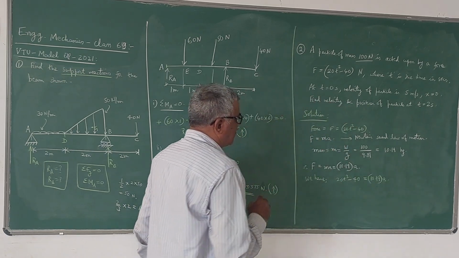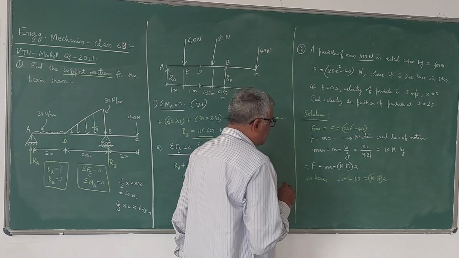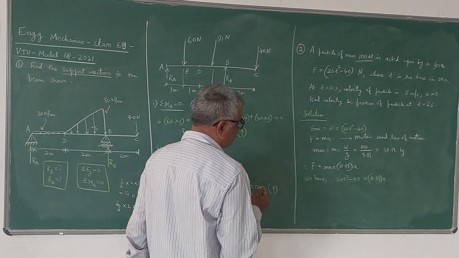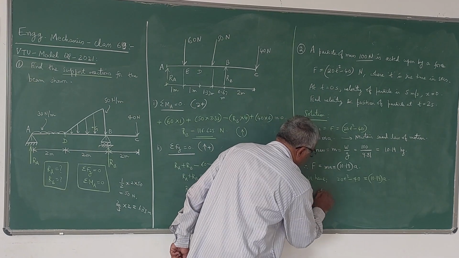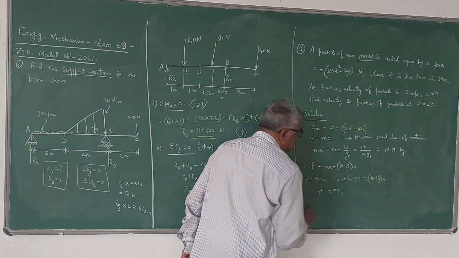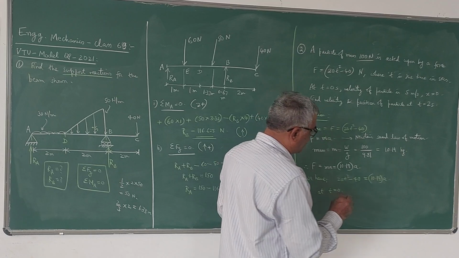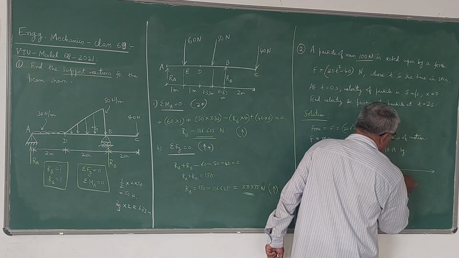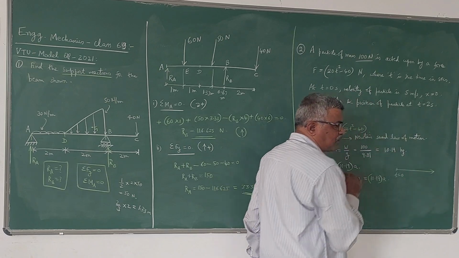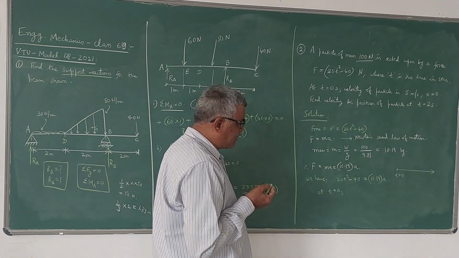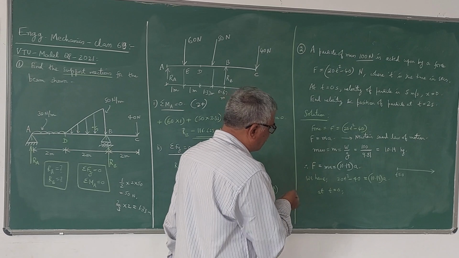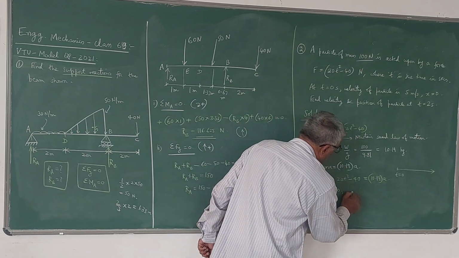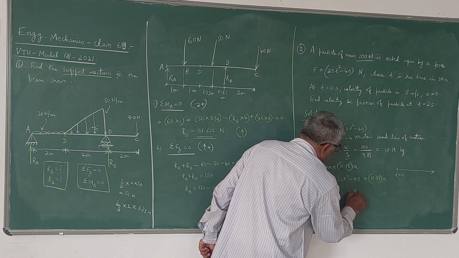At t equal to 0, let us calculate the value of a. At t equal to 0 means the initial condition, when the particle is already moving. We can take the initial velocity and also find the acceleration. At t equal to 0, this term becomes 0.